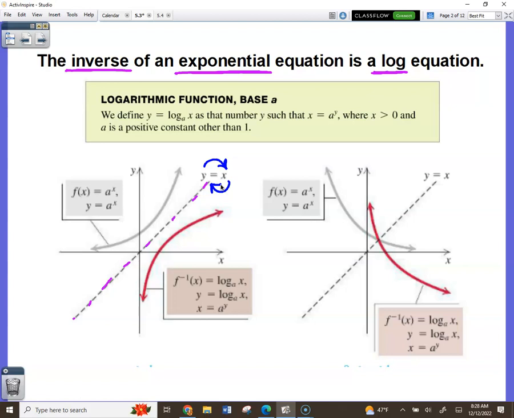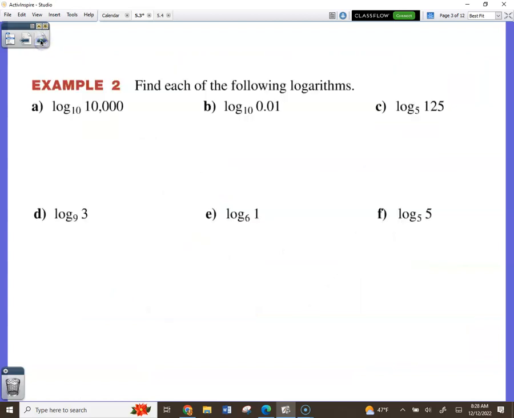Now, you might look at this graph and wonder what's going on here. This one was exponential growth, and then this one is exponential decay. So it's just showing you, should it have been a decay function, here's what the inverse would look like when it reflects over that nice line of symmetry. So that's the point of this slide.